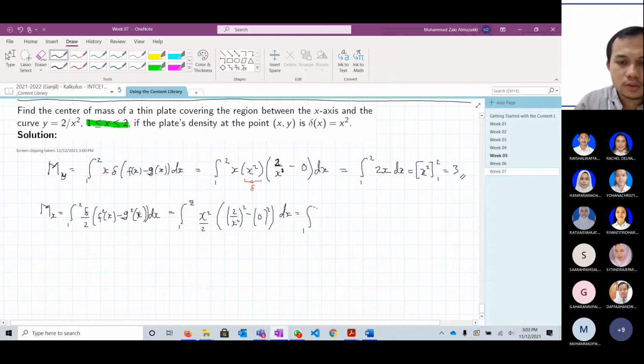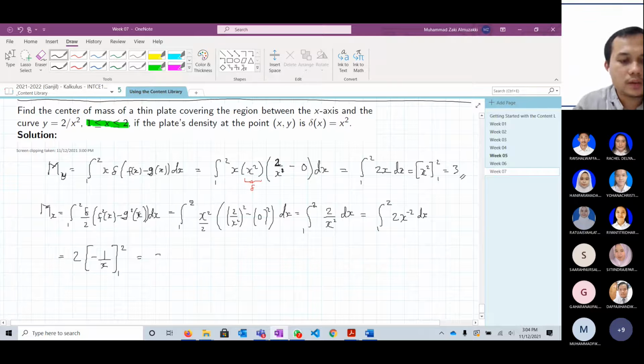The integral from 1 to 2 of 2 over x squared dx, or the integral from 1 to 2 of 2x to the power minus 2 dx, which is 2 times minus 1 over x from 1 to 2.